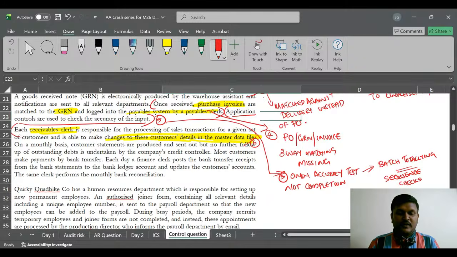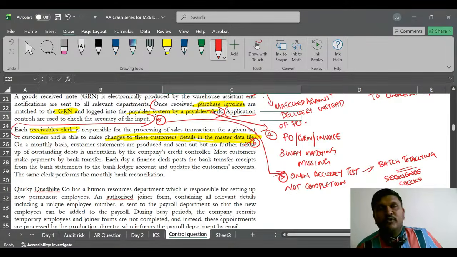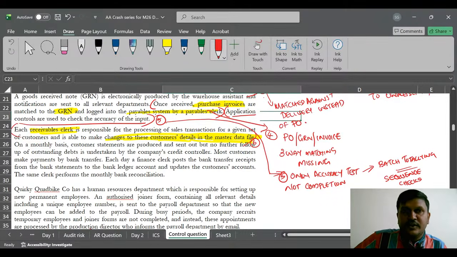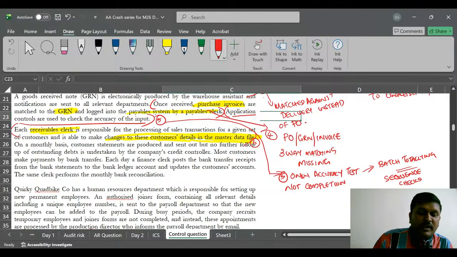We can include a particular control over here, that this would be done only by a senior person, from receivables or from any other area. Now again, on a monthly basis, customer statements are produced and sent out, but no further follow-up of outstanding debts is undertaken by the company's credit controller. Most customers make the payments by bank transfer.